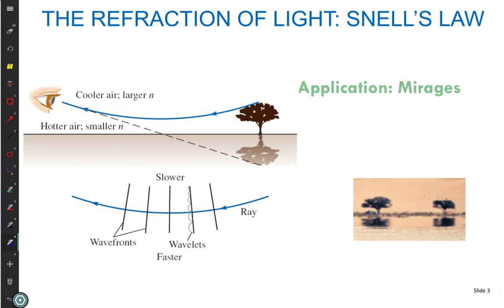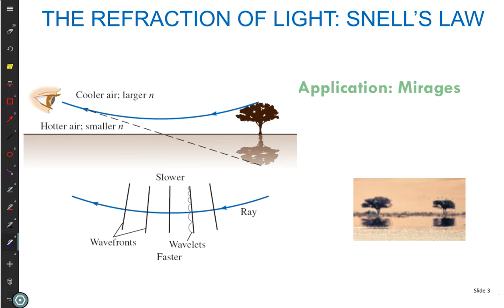Those interfaces are horizontal. So it's bending away from the normal to horizontal. And so it's bending more horizontal, and it ends up coming out horizontal and then going back up. And so when I look down at the road, I'm seeing light that started at the sky, came down to the road, got bent by the changing index of refraction, and then came up to my eye.